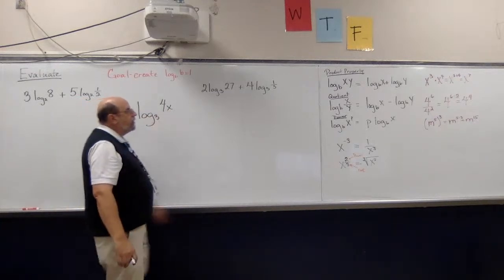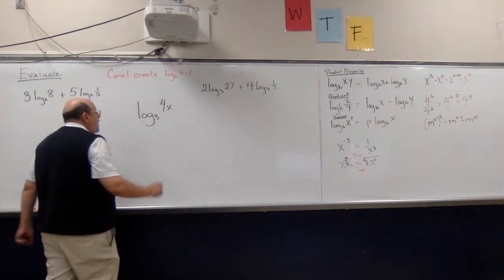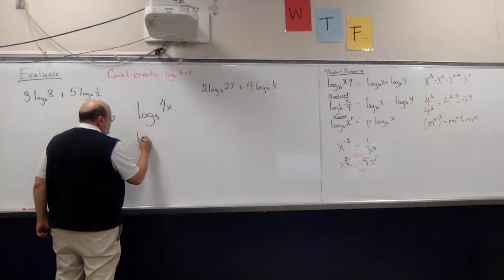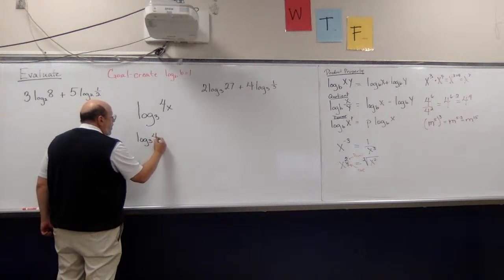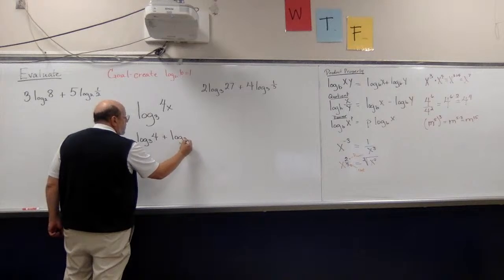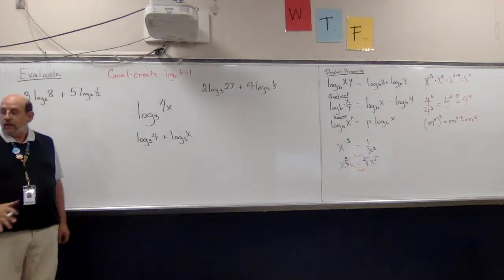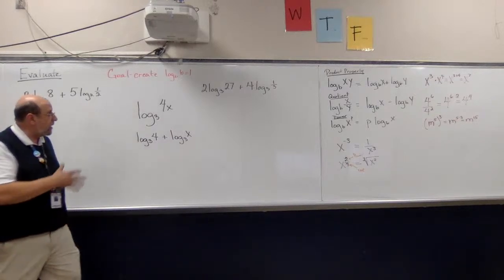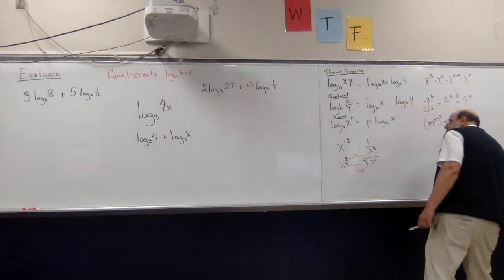So all we're going to do is break them up with the same base, just like it says over there. And I'm going to rewrite this as log base 3 of 4 plus log base 3 of x. That's it. It doesn't get any simpler, any more difficult than that, unless, of course, there's a power, right?